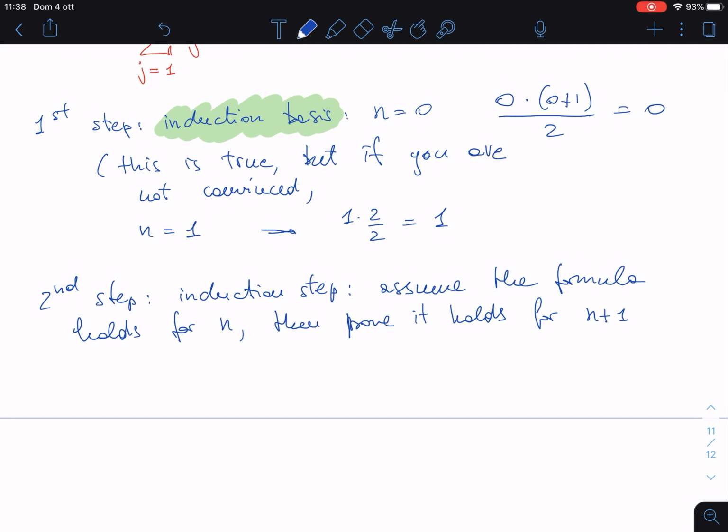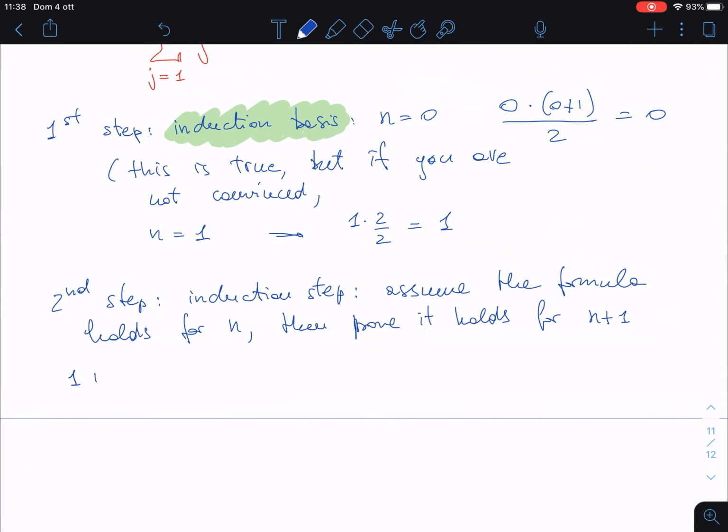So you start with the sum of the first n plus 1 numbers, 1 plus 2 plus 3, you go up to n, and then you have n plus 1.